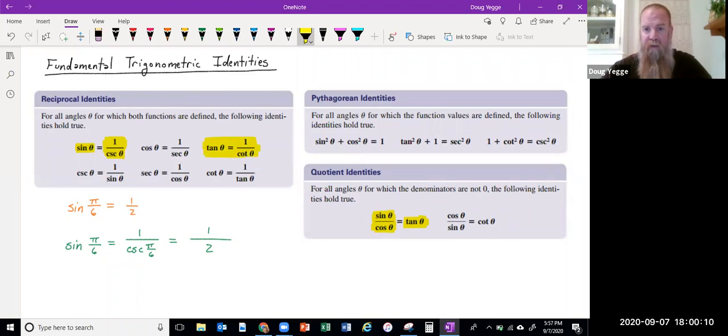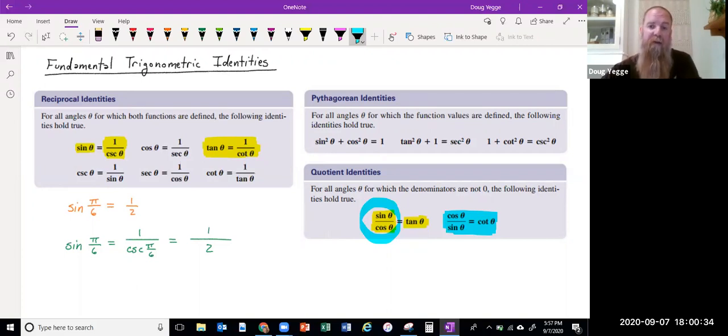So that means that cotangent of theta should be the reciprocal of sine theta over cosine theta, which is why it's just cosine theta over sine theta. So this is a way for us to convert, say, tangent of theta into sines and cosines to possibly start canceling it out with other terms that show up in that expression.